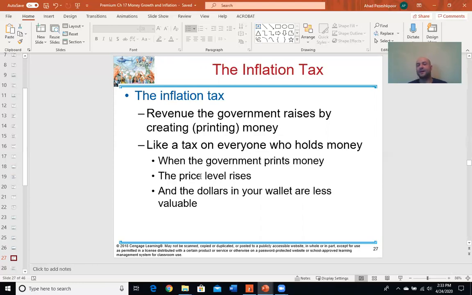What the king does is that whenever he wants to go to war or do something like that, he would debase the currency. Let's say I'm the king. I would have all my coins made with this much silver, a very tiny bit of silver.